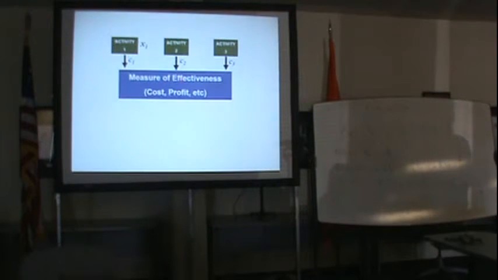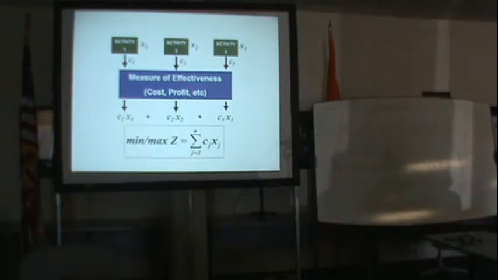And then we set the levels X1, X2, and X3. Those are the decision variables. We want to know the values of the X's. So in this case, you have C1 X1, C2 X2, C3 X3, and we put them together, and then we have this objective function that you minimize or maximize. In this case, if it is profit, you maximize. If it is cost, you minimize. You know, the total contribution of all the activities into the measure of effectiveness.